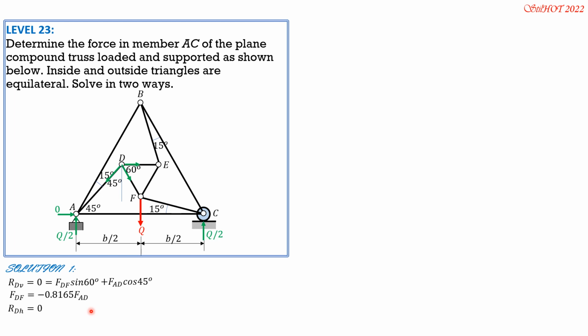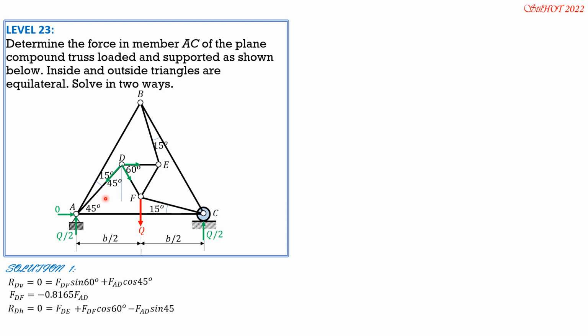Then RD horizontal equals 0. So we have FDE plus FDF cosine 60, then minus FAD sine 45, the horizontal component of FAD.